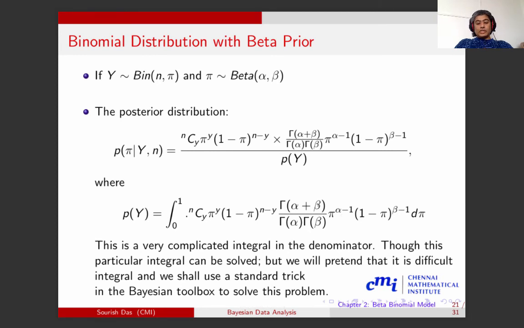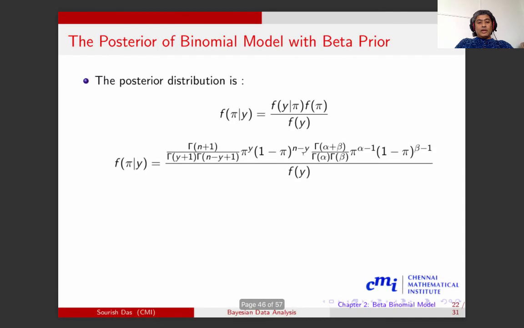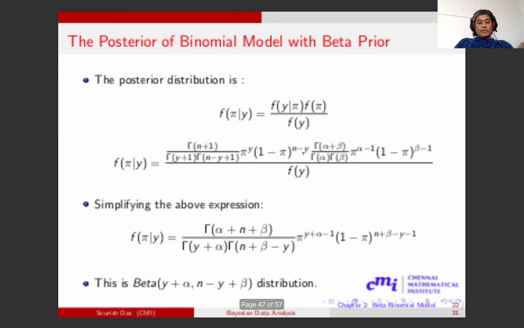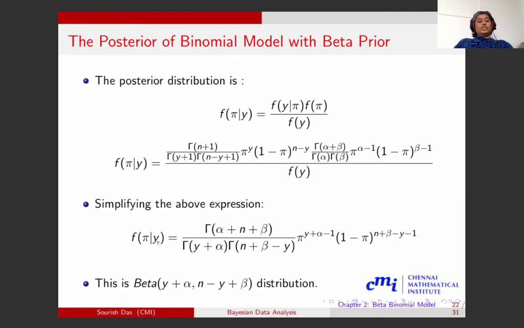If you solve it and plug it in here, and do the cancellation, you will find that the posterior distribution of pi turns out to be beta with y plus alpha comma n minus y plus beta.